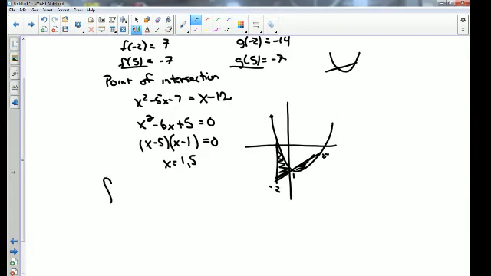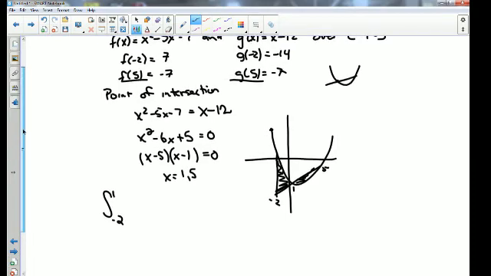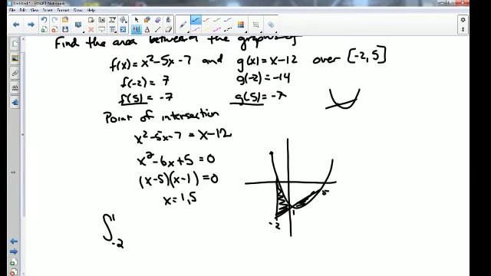So the first one is what? Negative 1. Yep. And it's f minus g, right? Yeah. Because the parabola is on top minus bottom. G minus f is. Okay.